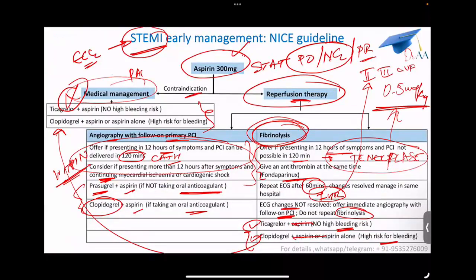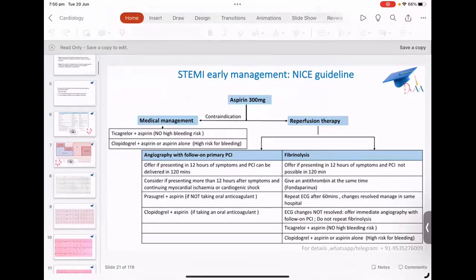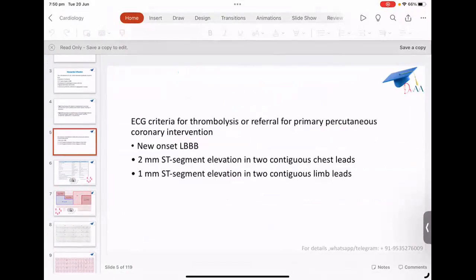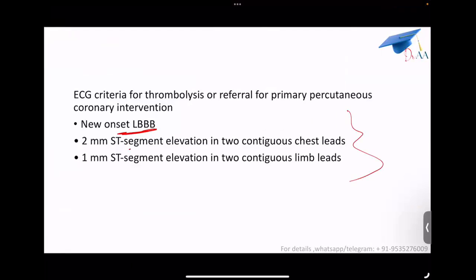This one is left bundle branch block. So what are the ECG changes? If we go back to our slide here, the ECG changes where we consider it a STEMI are these: any new onset LBBB or ST segment elevation in limb or chest leads, what we have discussed. These are all together STEMI, and the treatment remains the same. No changes in the treatment.